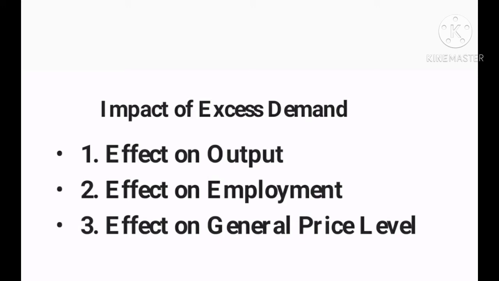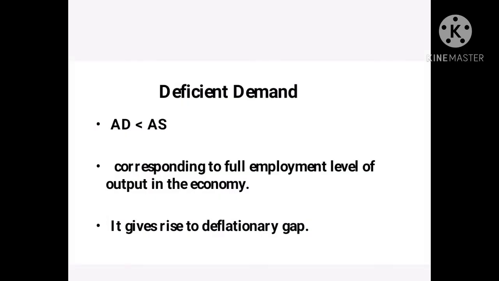Okay, students. Now, next is deficit demand. When aggregate demand is less than aggregate supply corresponding to full employment level of output in the economy, it gives rise to deflationary gap.